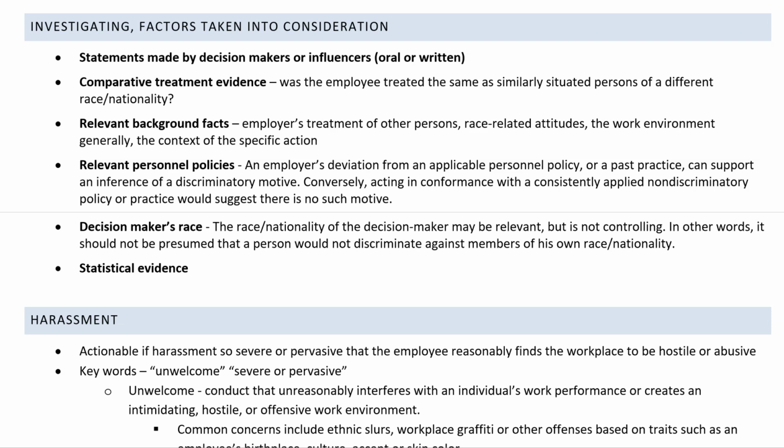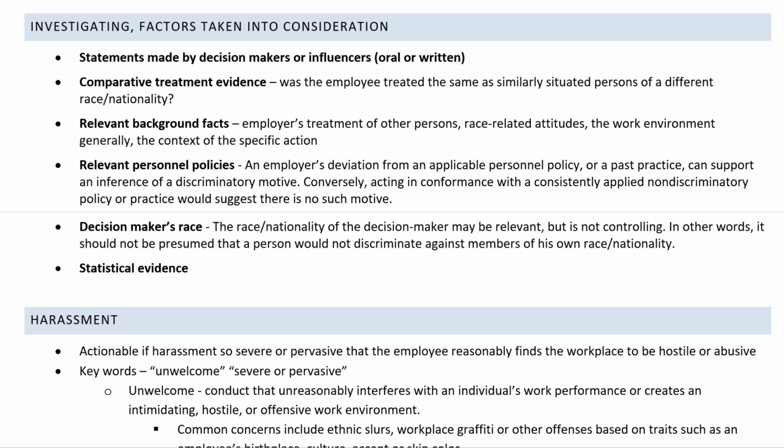On the other side of that, conversely, acting in conformance with a consistently applied non-discriminatory policy or practice would suggest that there is no such discriminatory motive.